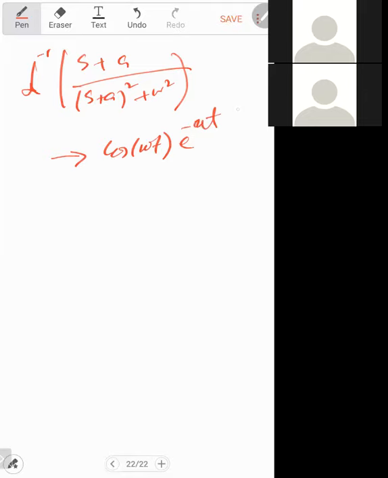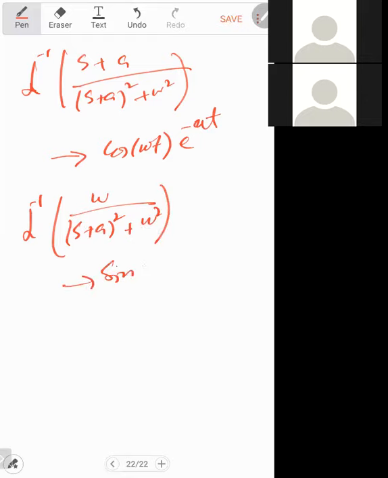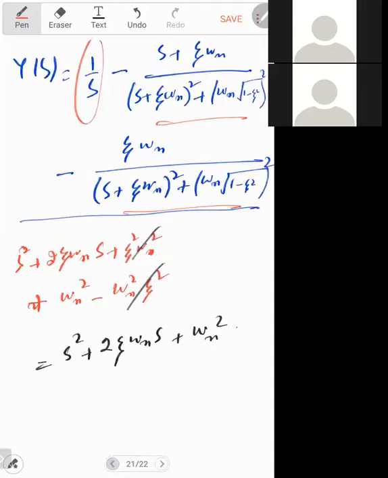Similarly, the inverse Laplace transform of omega divided by s plus a square plus omega square is equal to sine omega t, and then we have e raised to power minus at. So we'll use these two functions to find the inverse Laplace transform of this function, this one, and this one.